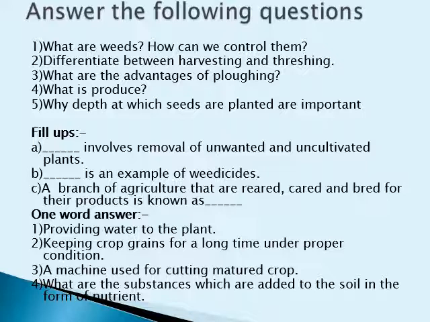Third question says, what are the advantages of plowing? Now there are various advantages of plowing, and the most important action is turning the soil over. Children, by the plowing method, we can improve air circulation so that roots can respire easily.